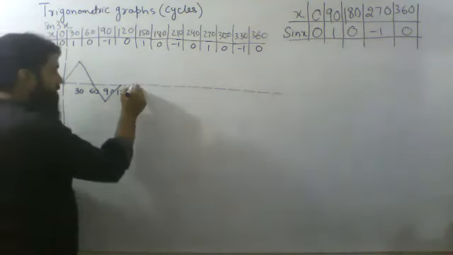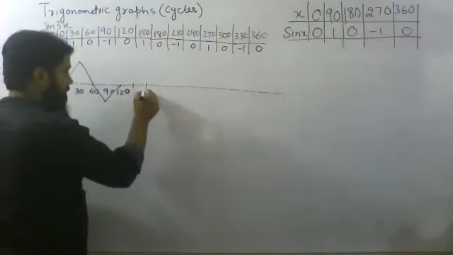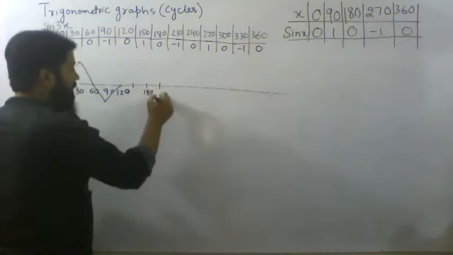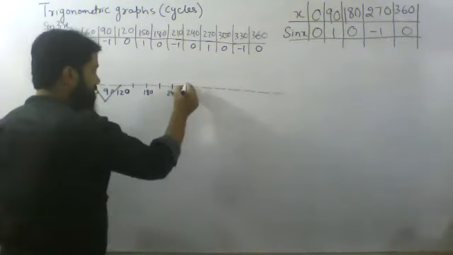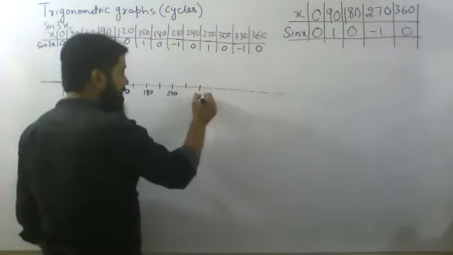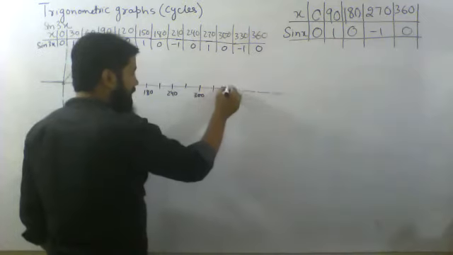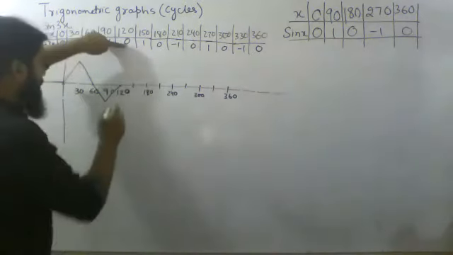So this is now 120, 150, 180, 210, 240, 270, 300, 330, and 360. So we are right now over here.